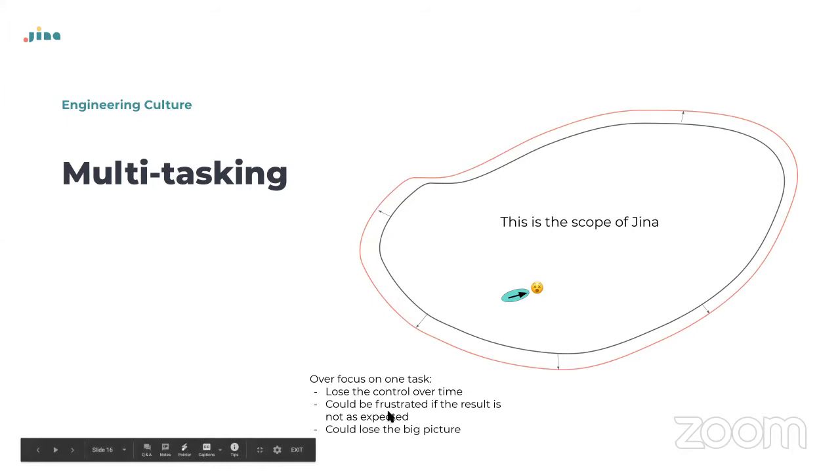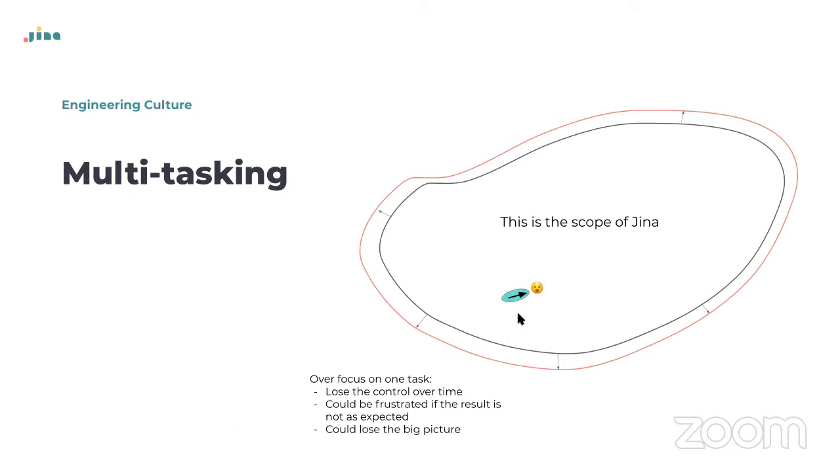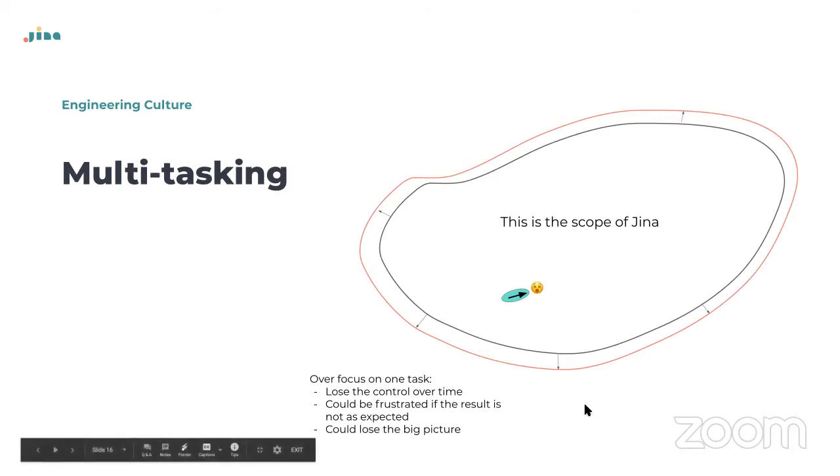And it could be very frustrating because in the end, if the results are not good, then you say, why did I waste the last 2 weeks, right? And also, if you just go in one direction, you could lose the big picture of GINA, because during these 2 weeks, the scope of GINA also expands from time to time, right?